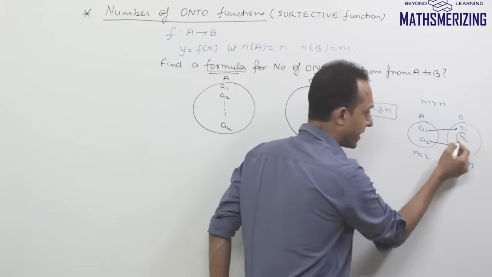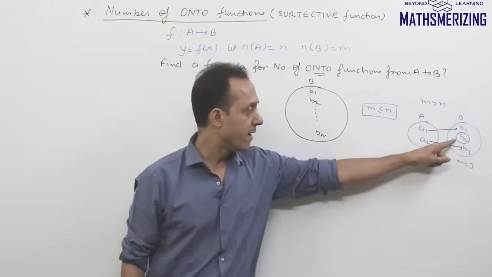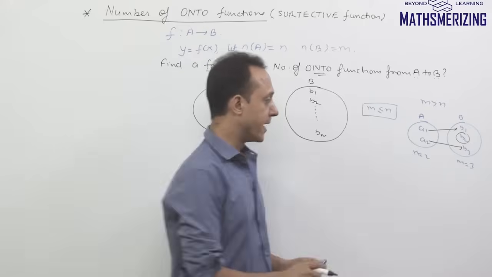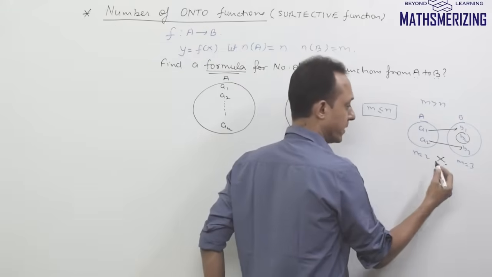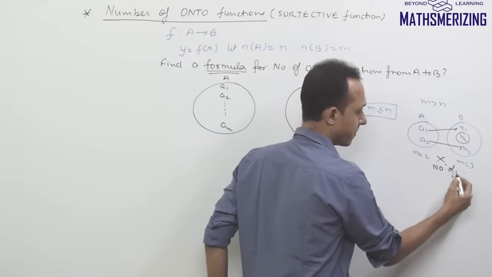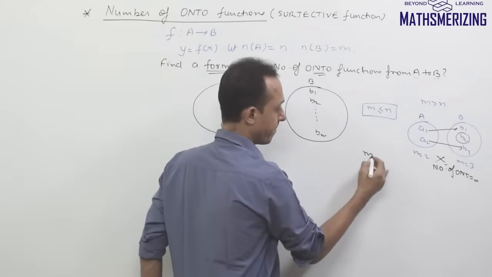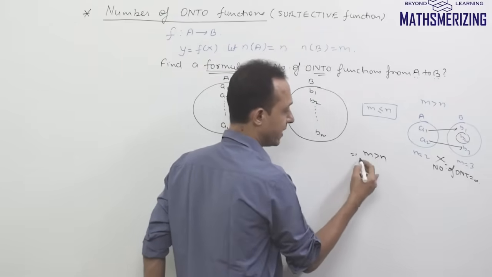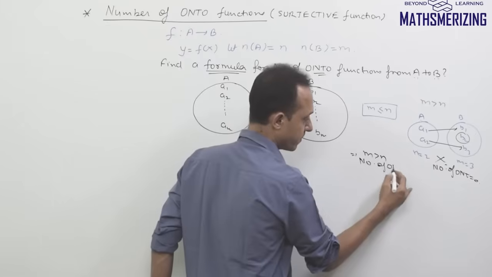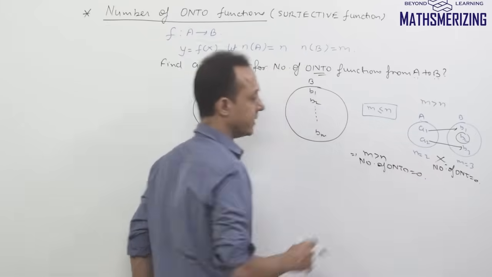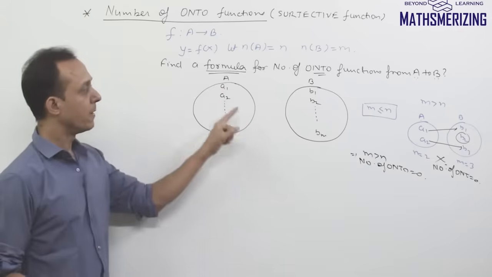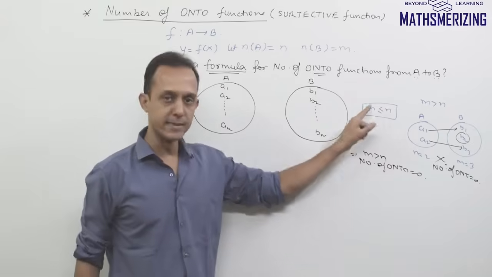Now there will always be at least one element which will not have any pre-image. So in this case, it cannot be an onto function, and the number of onto functions will simply be 0. So if m is greater than n, then the number of onto functions will be simply 0.